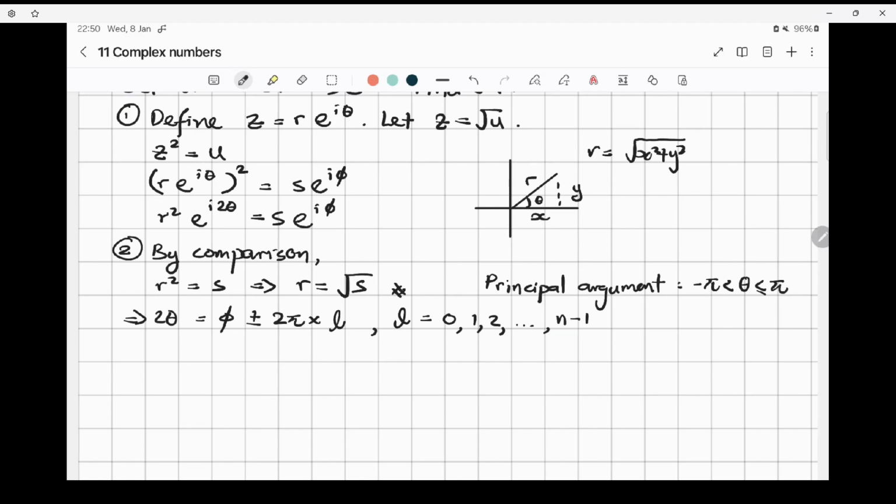And what is the meaning of n? So n is the power of your roots. In this case, you are square rooting it, so it means your n equals 2.